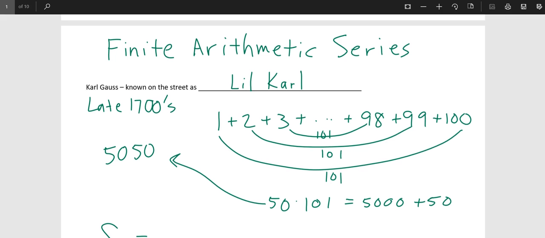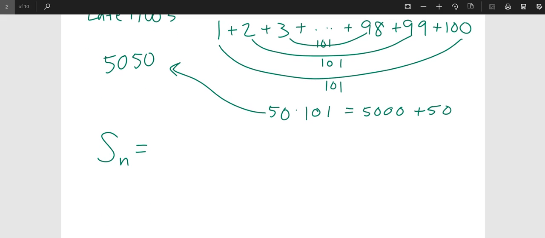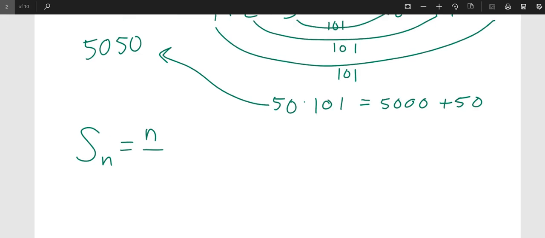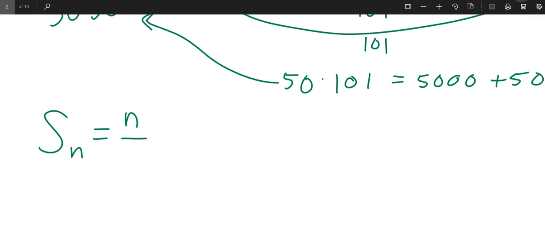Every time we see a finite arithmetic series, we need to think about Lil Carl. So, Lil Carl's formula looks like this. The number of terms, that's what the n stands for, right?